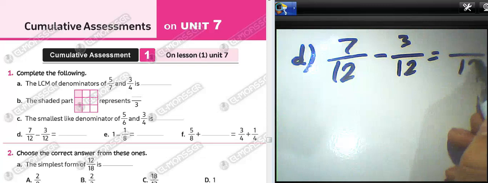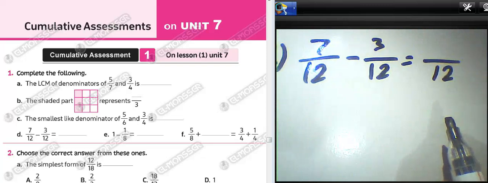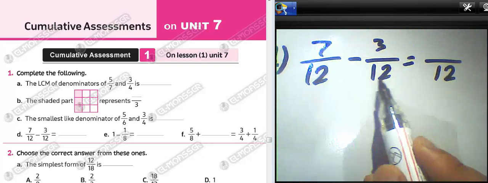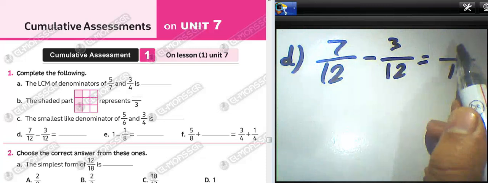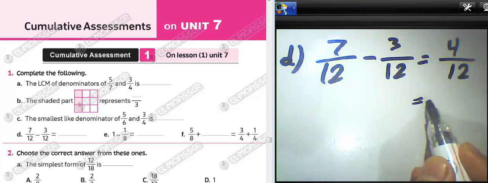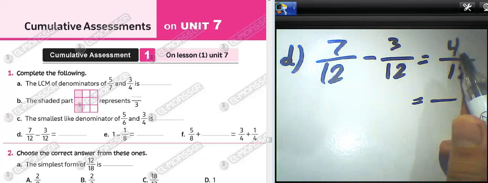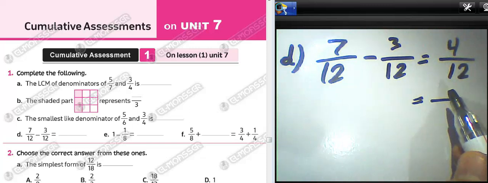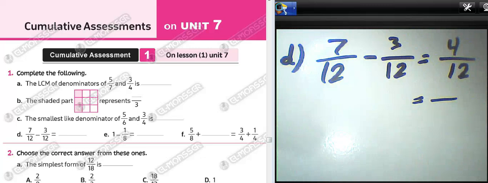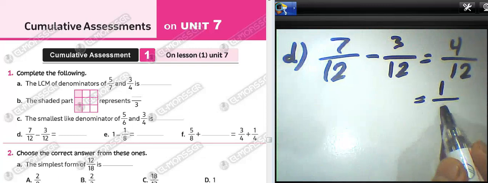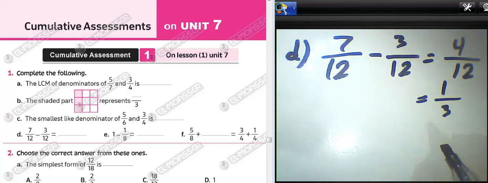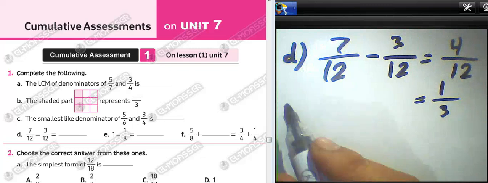We must write 12 in the denominator here, because we have a like denominator. 7 minus 3 equals 4. 4 over 12, we must divide the numerator and denominator by 4. 4 divided by 4 equals 1, and 12 divided by 4 equals 3. So the result will be 1 over 3. Okay, that's question letter D.